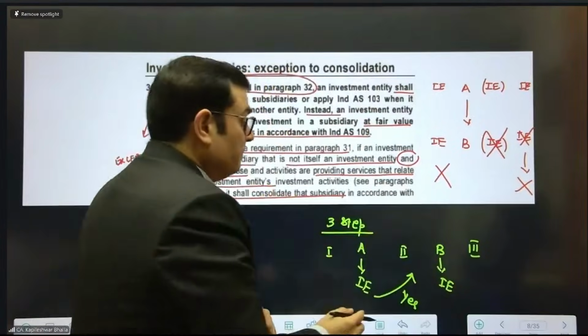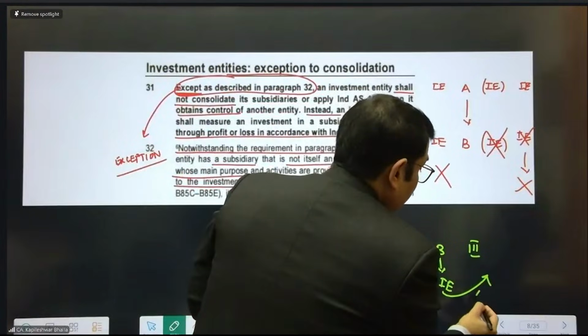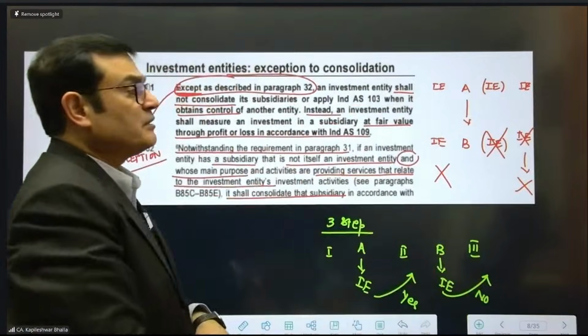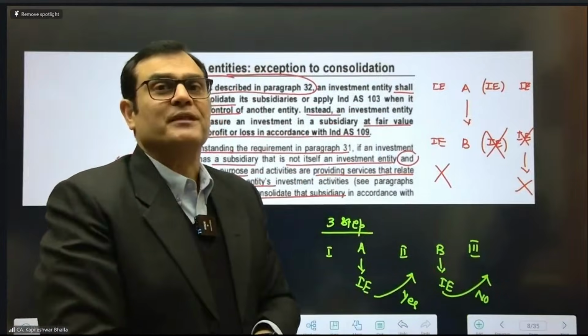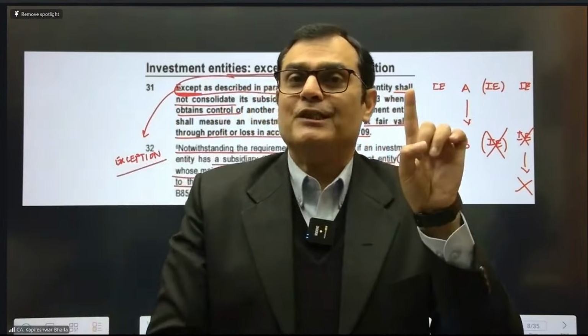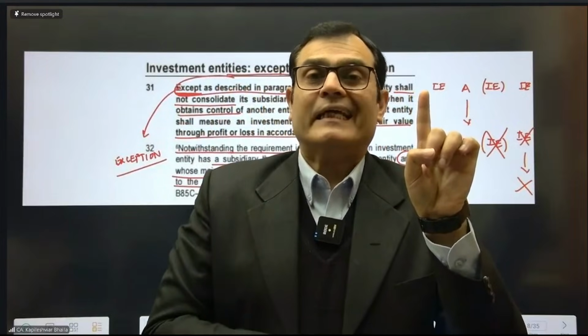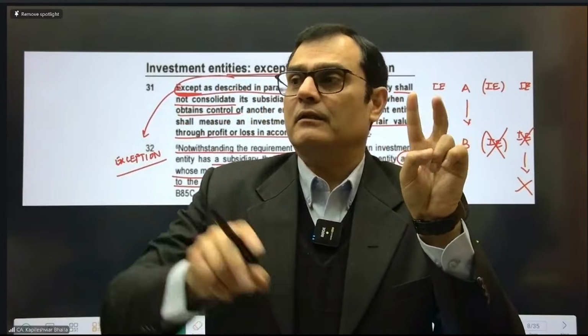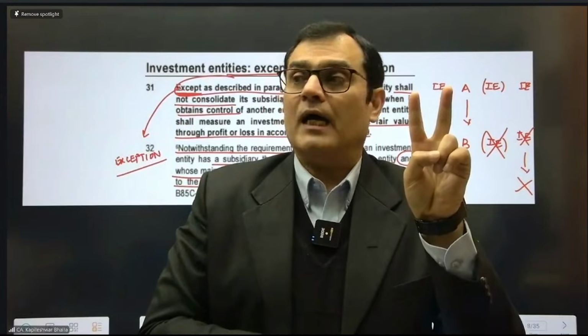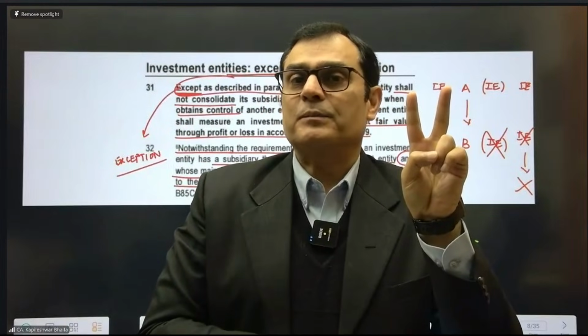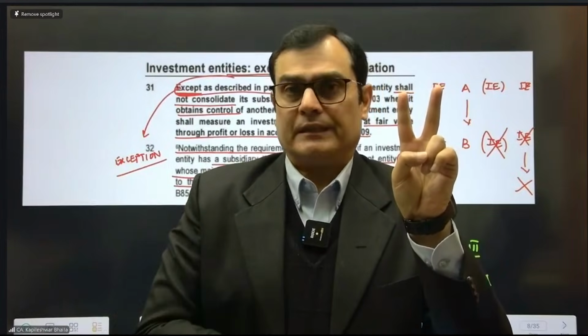But if you say B is not an investment entity, then you go to step 3. So A is not an investment entity, please consolidate. A is an investment entity, go to step number 2. Ask now, is B an investment entity? Yes, don't consolidate.